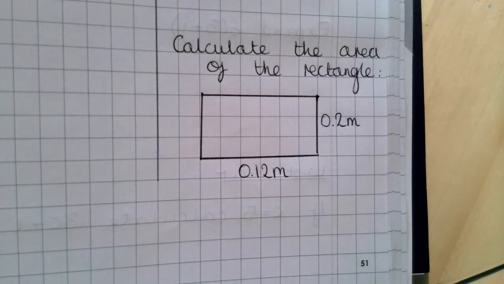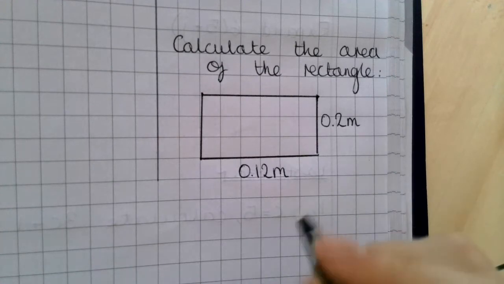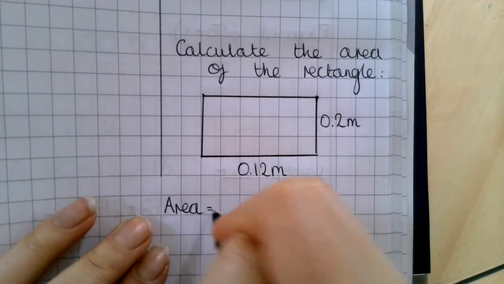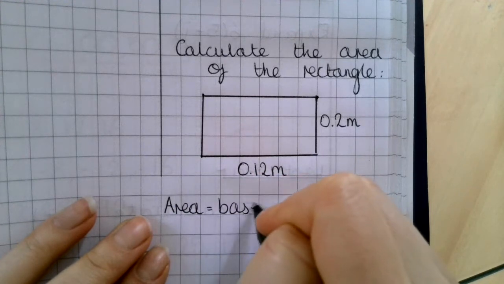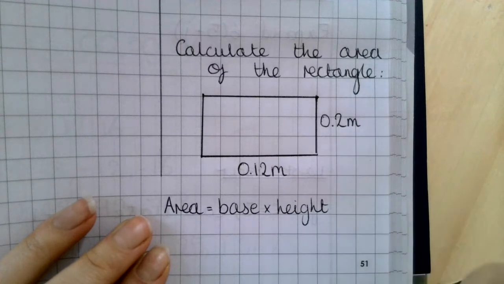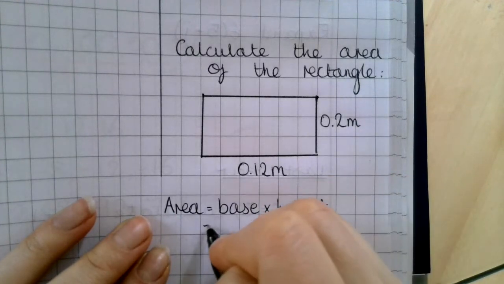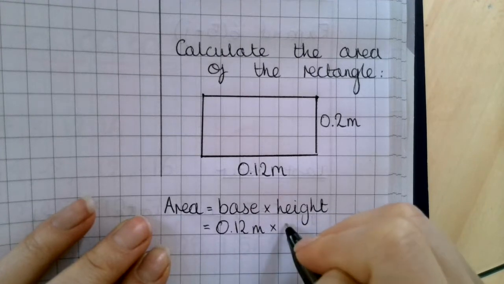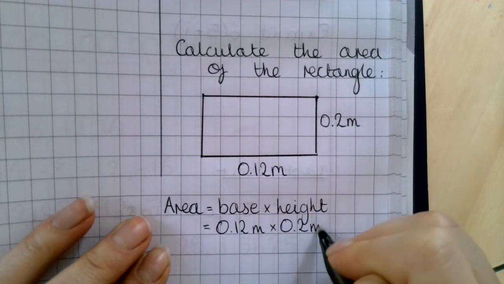So we're going to go through it now. So remember, the area of a rectangle is equal to the base times the height. So here it's equal to 0.12 meters multiplied by 0.2 meters.